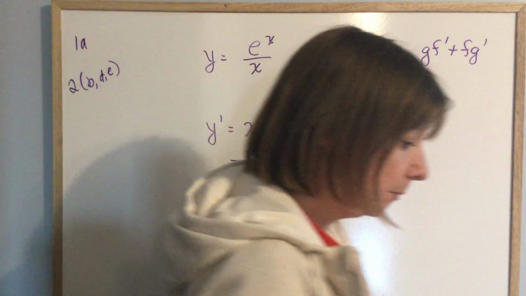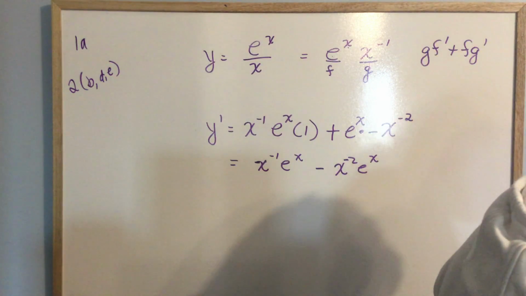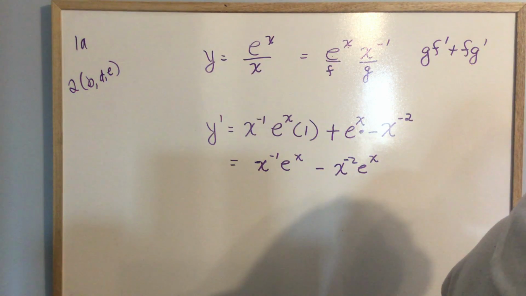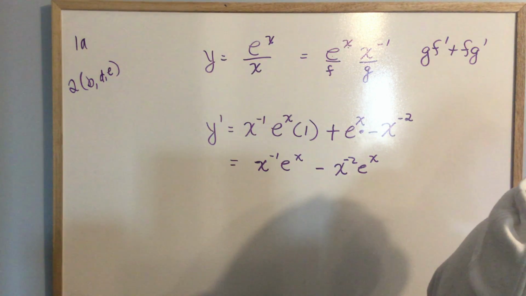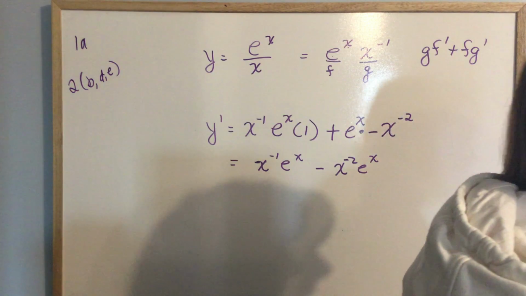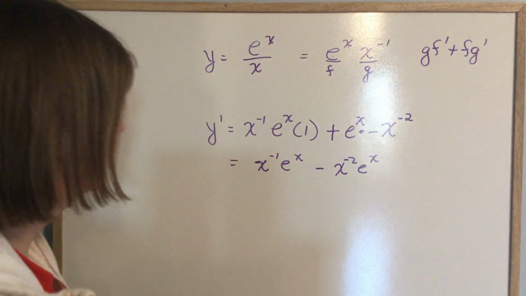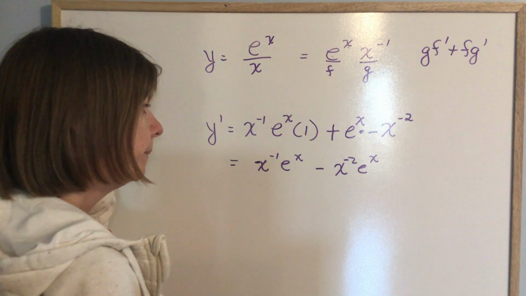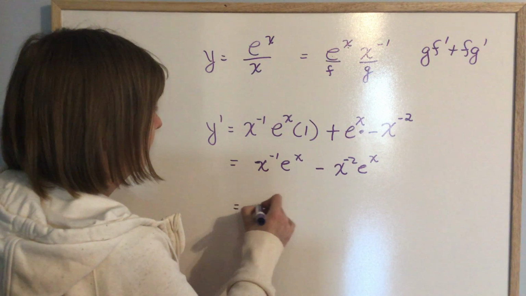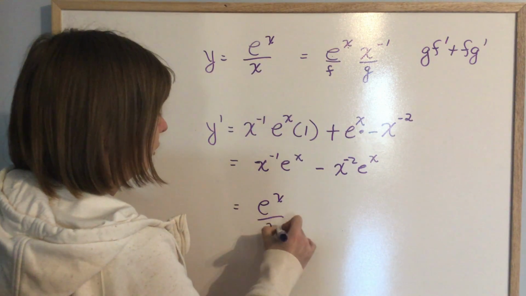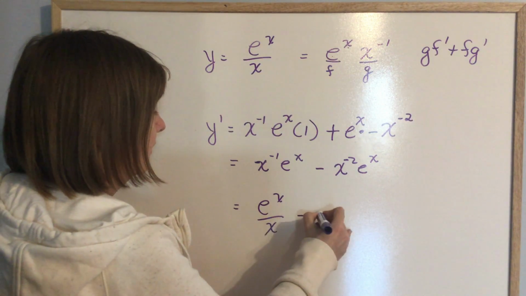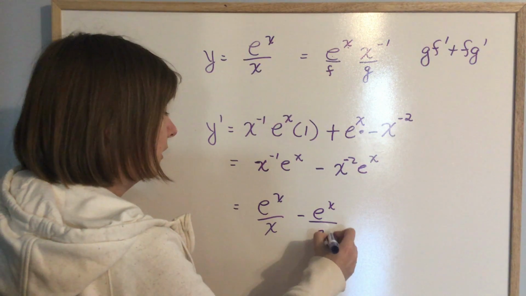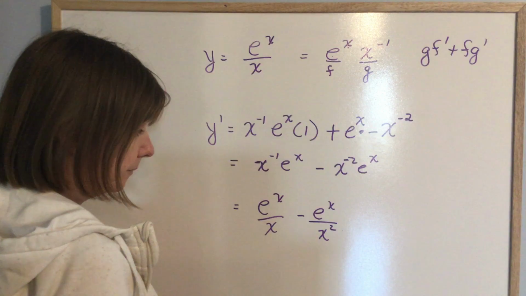Now, at the back of the book, what they have is something different than that, okay? Let me see if I can explain what they did. So this would be e to the x over x minus e to the x over x squared.